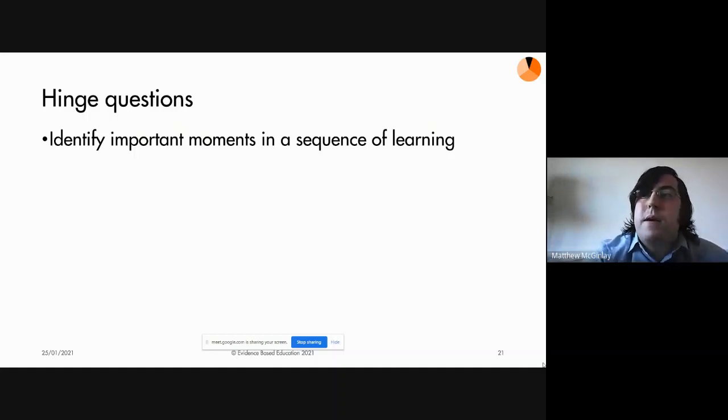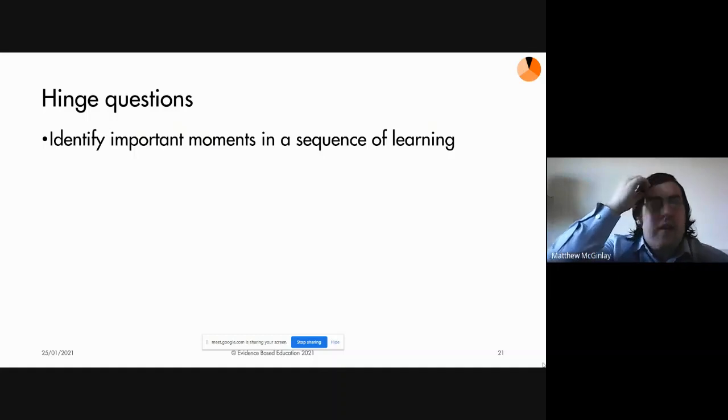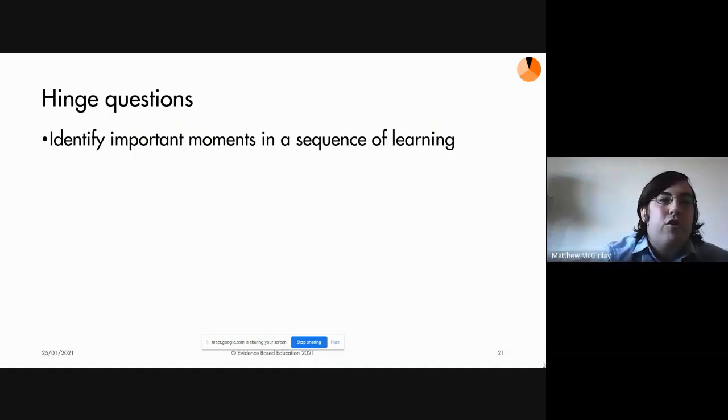A prime example might be in geography. We might start a lesson talking about plate tectonics, and there's a real hinge point there where we need to know whether students have understood plate tectonics before we can go on to talking about volcanoes or earthquakes. At that point, we would probably use some form of hinge question to really identify, have students understood the concept of plate tectonics?